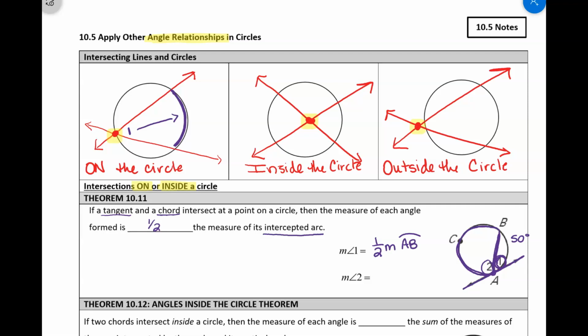So the measure of angle 2 is going to be 1/2 the measure of arc BCA, or we could say ACB. So this behaves like the one we've studied before. It's simply 1/2 because it is on the circle.